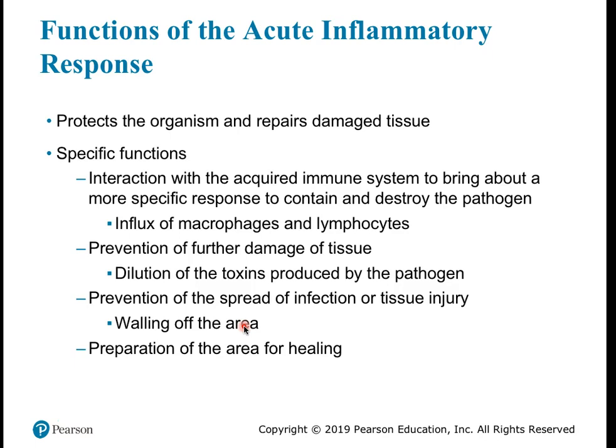It enacts a kind of walling off, so it just becomes more difficult for the pathogen to spread. So the smooth muscle contraction is now going to prevent that by walling off the microbe. And it is going to prepare the area for healing. When you have inflammatory cells that arrive at the wound area, they are going to eliminate not only the microbe, but injured tissue and dead tissue.